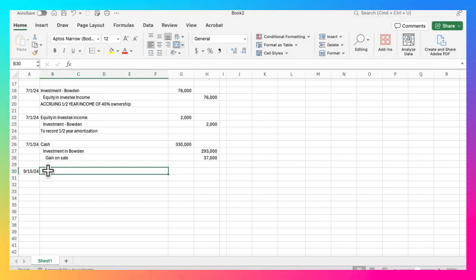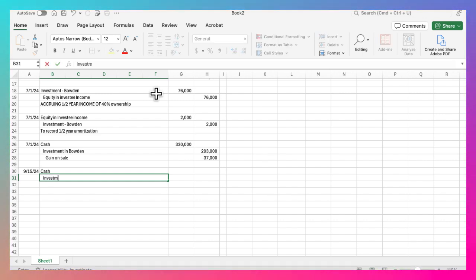So remember, anytime an investee pays a dividend, the investor company has to decrease their investments by that amount. So we're getting cash, so we're going to debit cash. We're going to credit investment in Bowden. Now we need to figure out the amount.